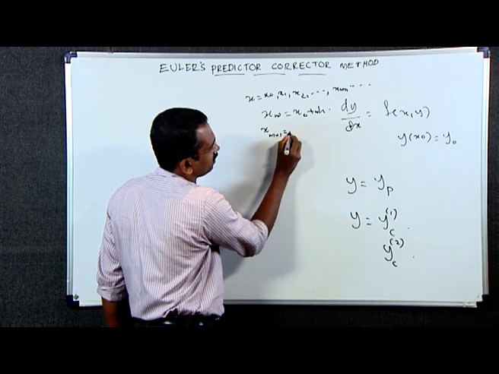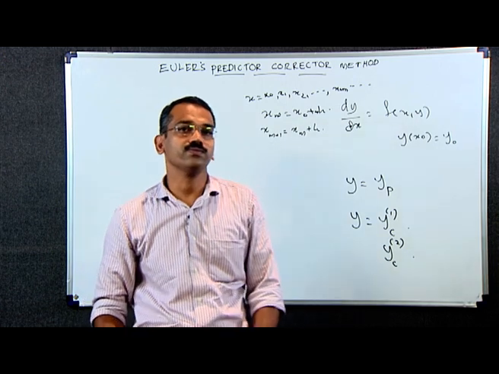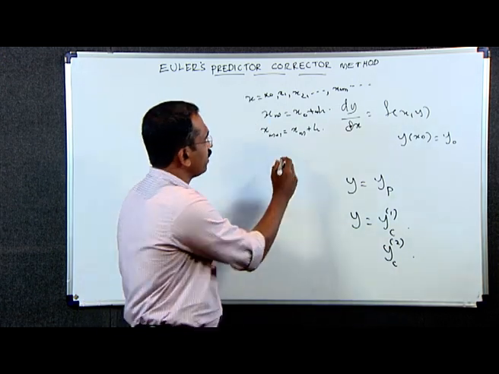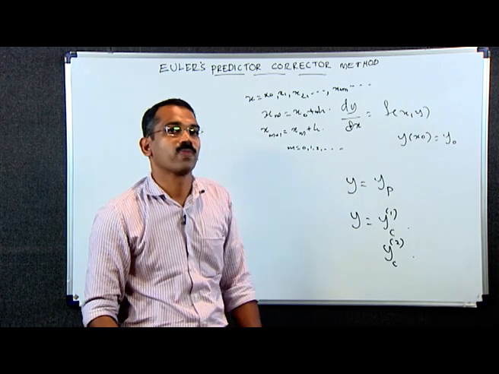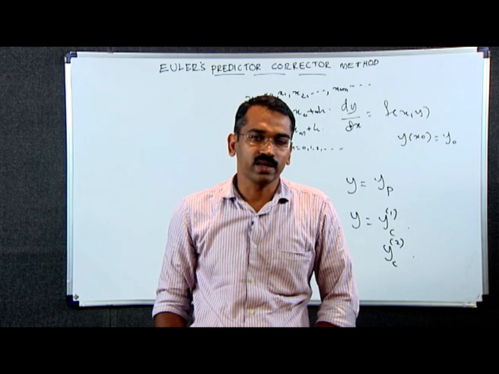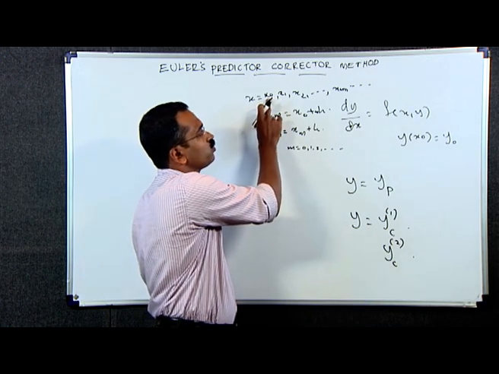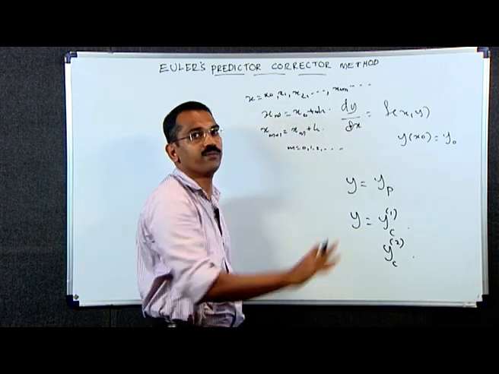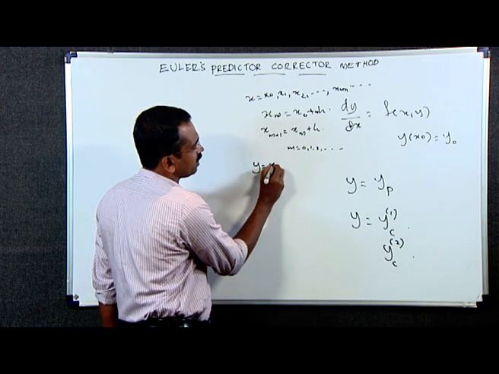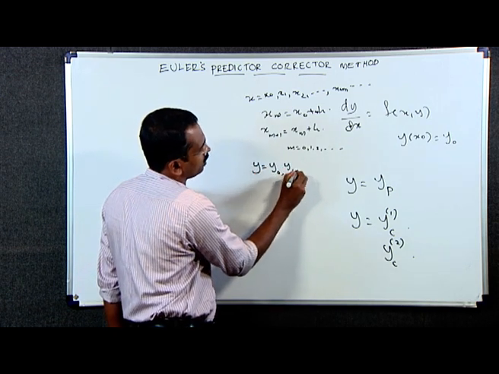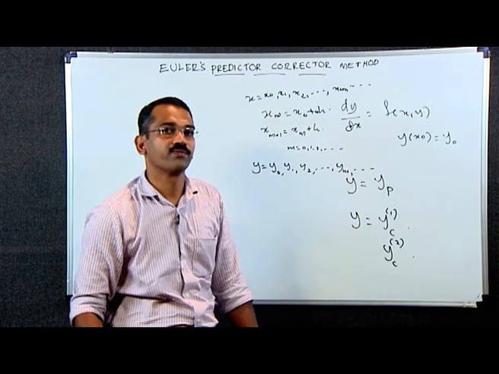Xm plus 1 can be written as xm plus h. Here m varies from 0, 1, 2, 3, etc. The values of y corresponding to these values of x, that is corresponding to x naught, x1, x2, etc., xm, etc., are denoted by y naught, y1, y2, etc., ym, etc.